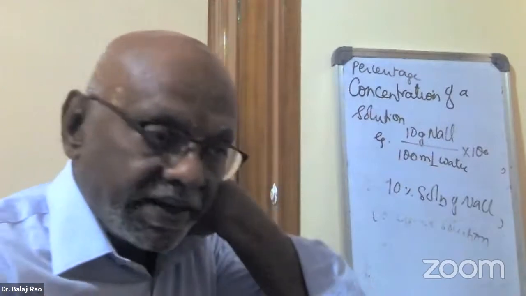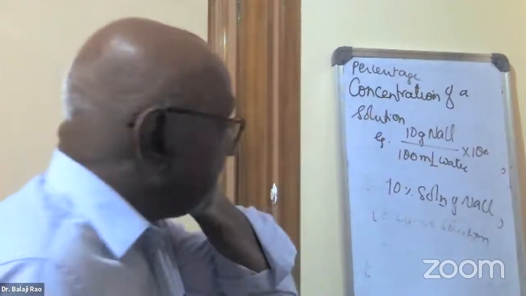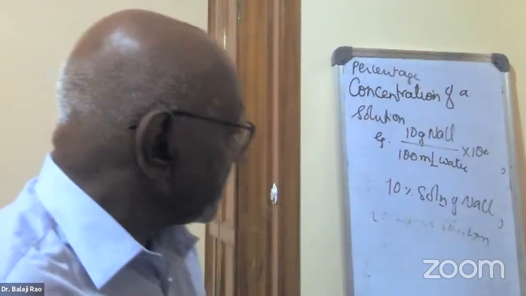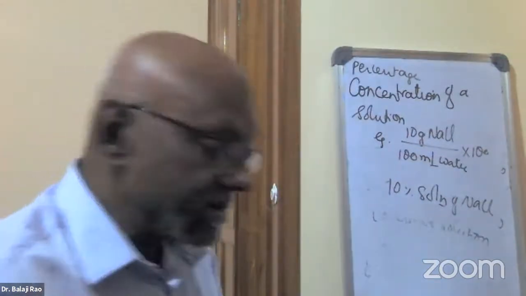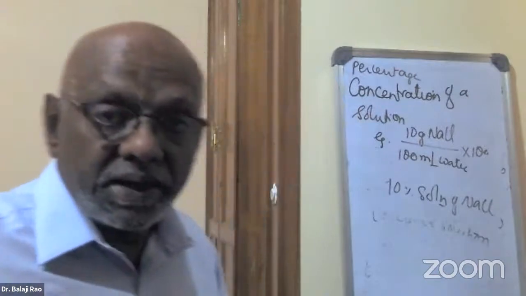Now here we take one example. I just mentioned to you, 10 gram of NaCl dissolved in 100 ml water gives me a 10% solution of NaCl. What I will do is give you a textual example. Let us take this as a case.